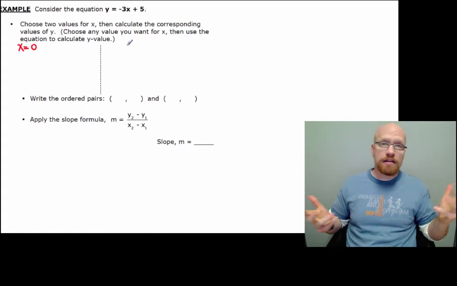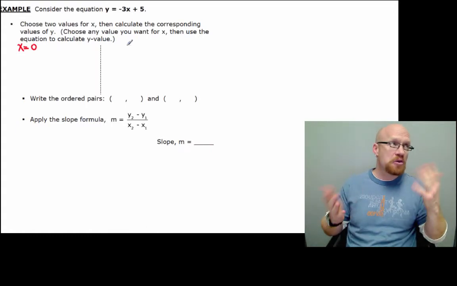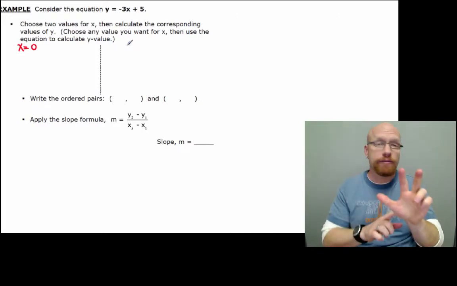Maybe we should try, I don't know, negative 3.